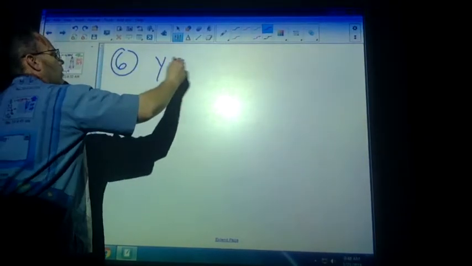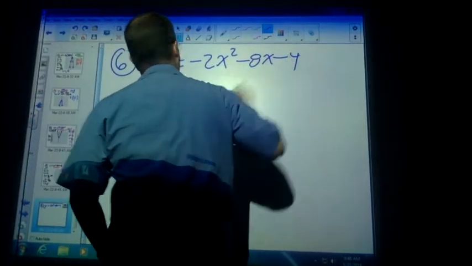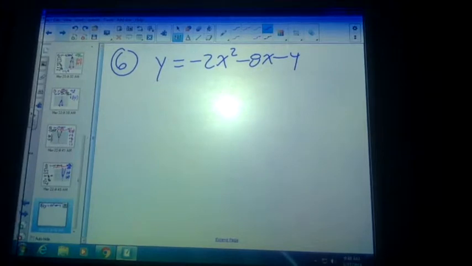Negative 2x squared minus 8x minus 4. That's a good one. It's going to open down because you've got that negative in there. If you have negatives all the way through, don't even worry about whether it would factor. If it does factor, it'll probably expose itself when you're graphing it.